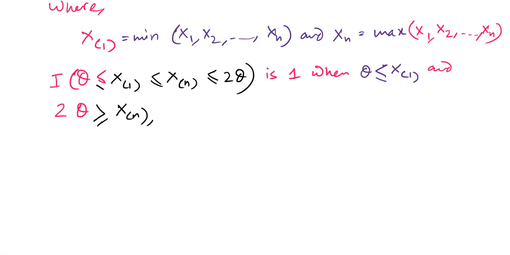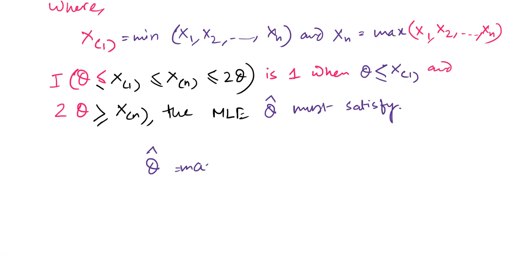The maximum likelihood estimator MLE of theta cap must satisfy this, where theta cap equals max of xn by 2, comma x1.